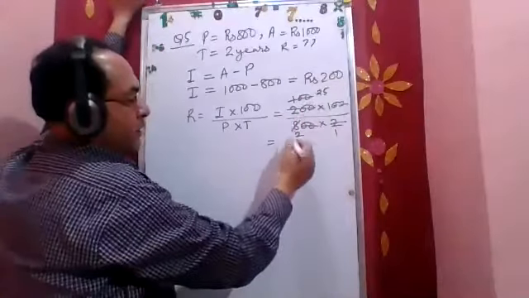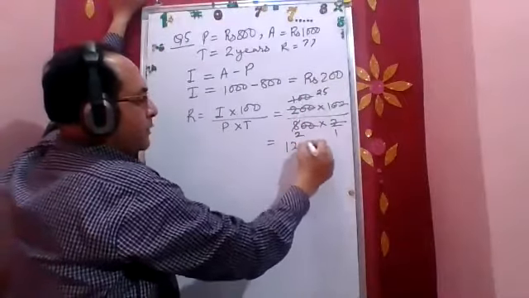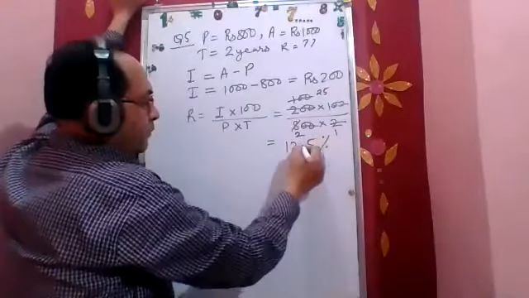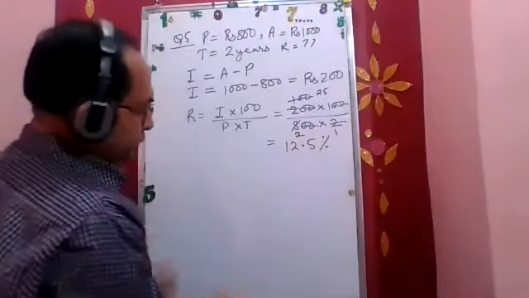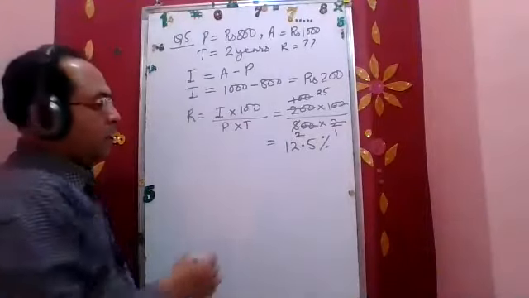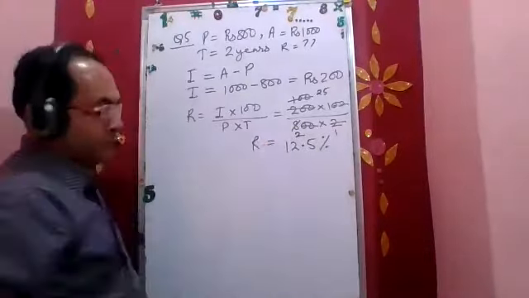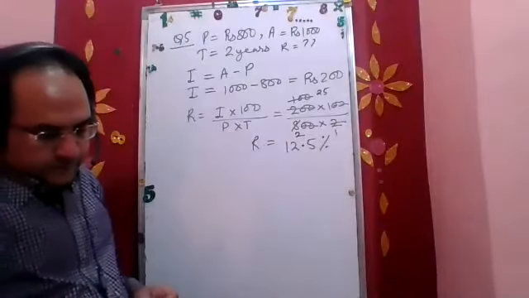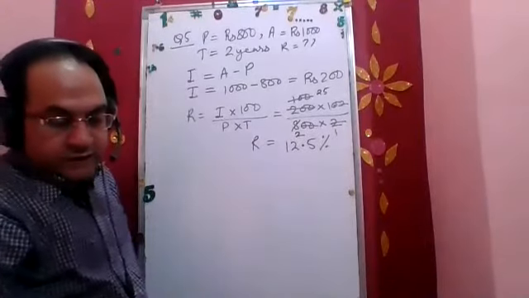You must remember that 25 upon 2 is nothing but 12.5. When you're giving the answer, it may be in decimals. So our final answer, the rate is 12.5%. That is from exercise 8.4.